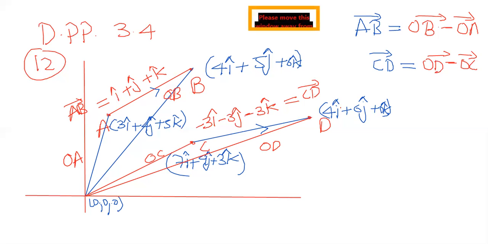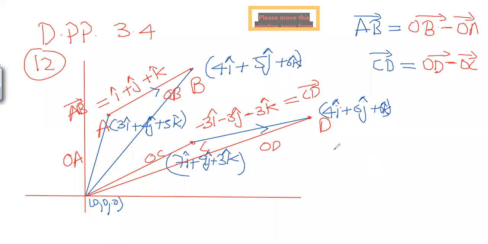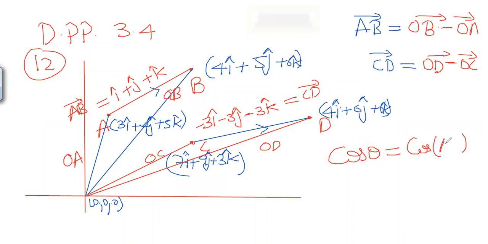So let us write the cos theta formula once. What is the angle between two vectors? Cos theta is given by cos of AB, here AB is one vector, mind it, AB bar comma CD bar.